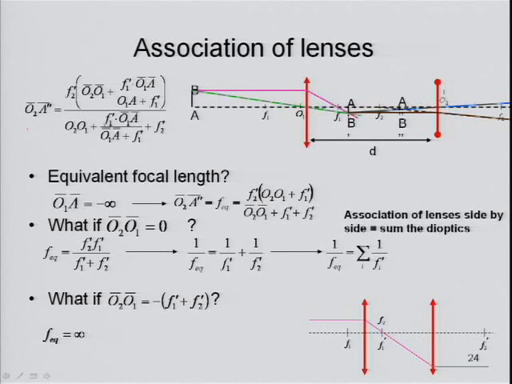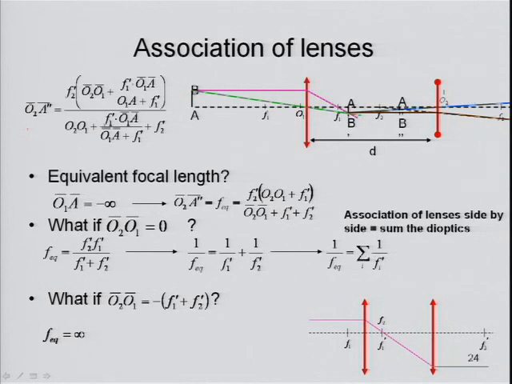So in this case, in order to have this infinite focal length, let's say you need f1' and f2' to be positive. So in other words, your two lenses are convex.